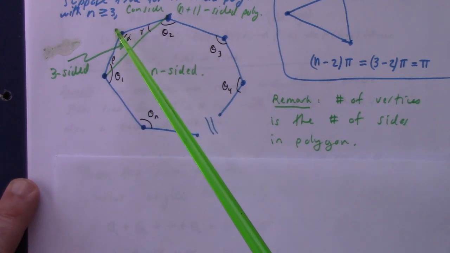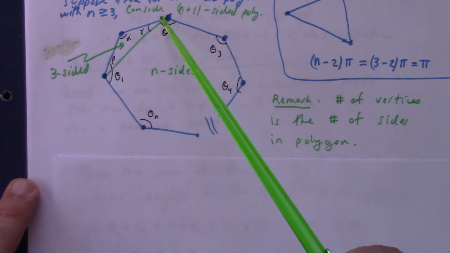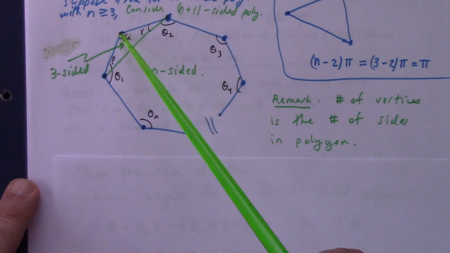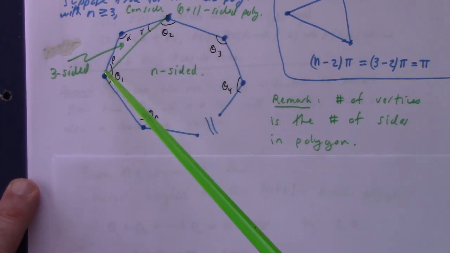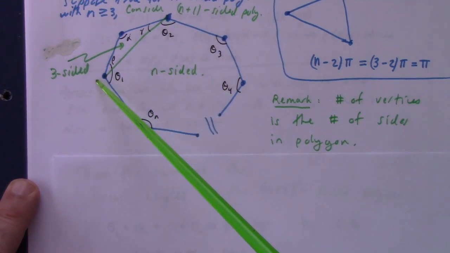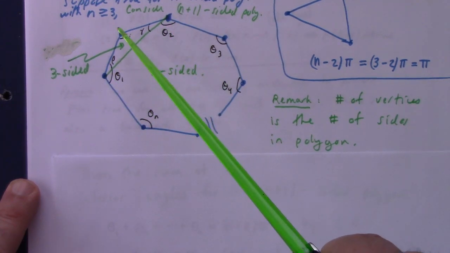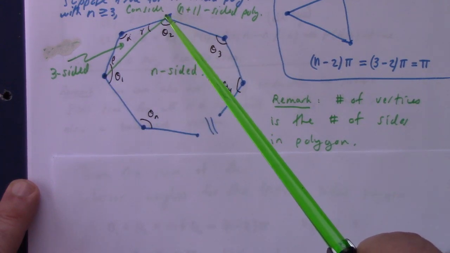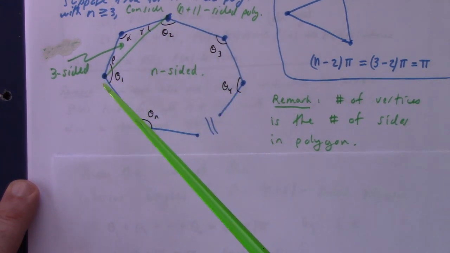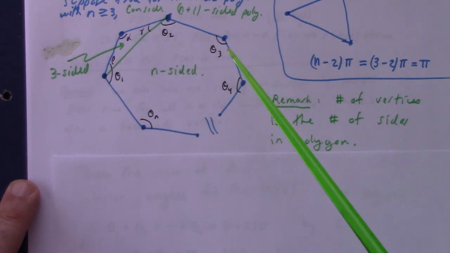But anyway, here is a triangle, of course, because we've got 3 sides, and I've just connected two vertices which are separated by one other vertex, like that. If I do that, then what's left over is, again, a polygon with n vertices.